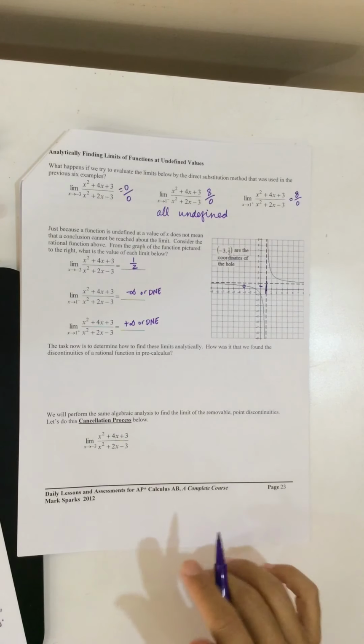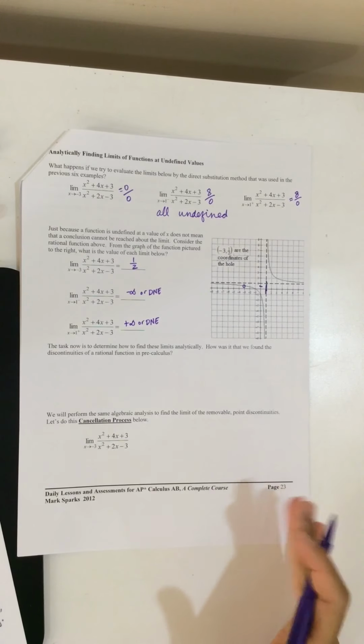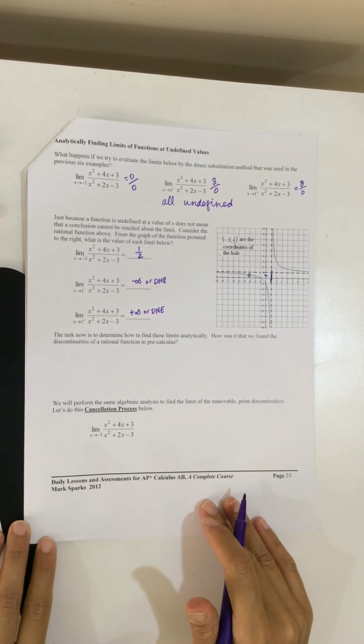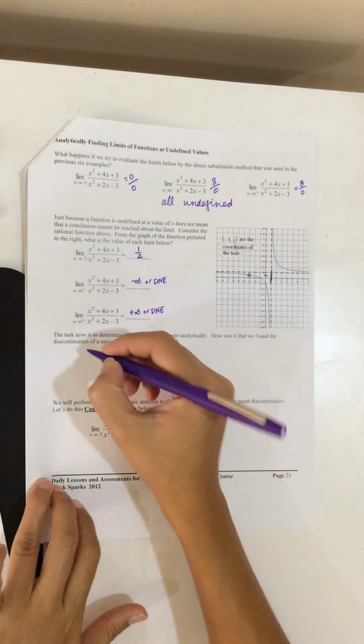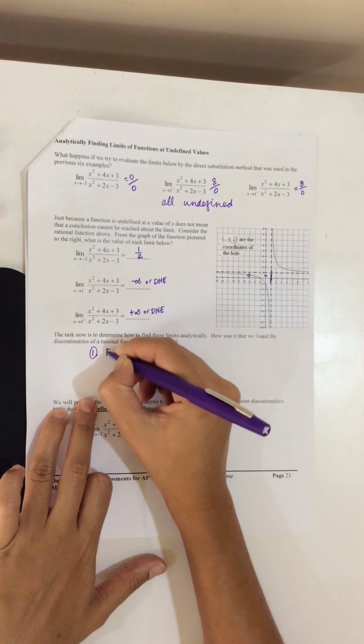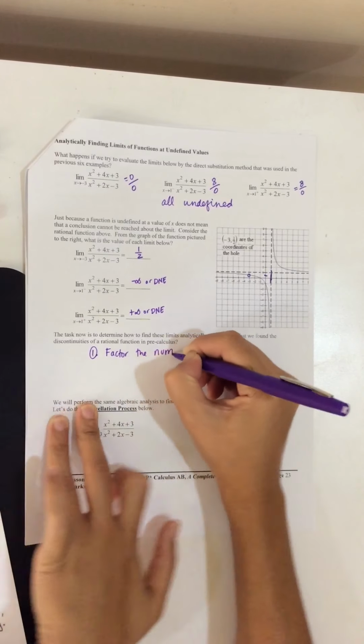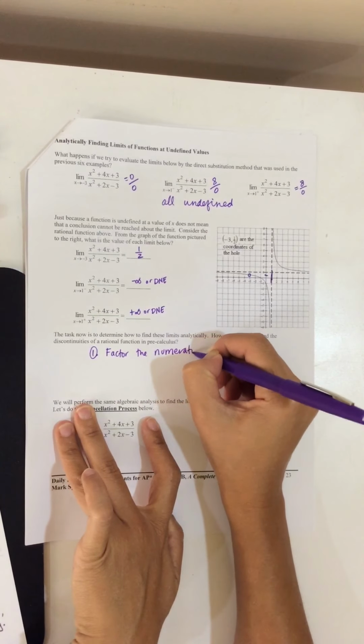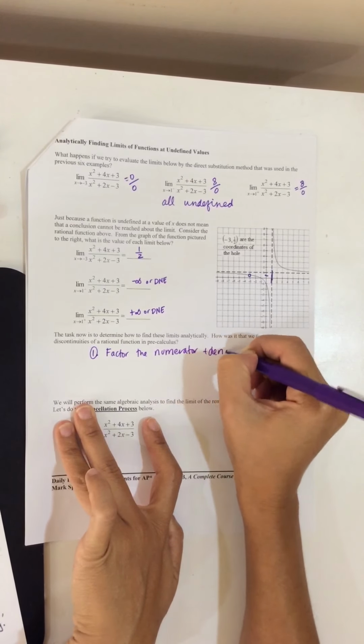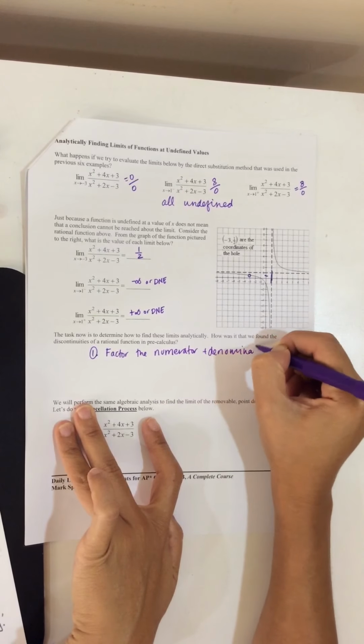So how do you find those limits algebraically or analytically? So here are the things you can do. You can factor numerator and denominator, which is what we're going to do, to see if you can cancel out those discontinuities.